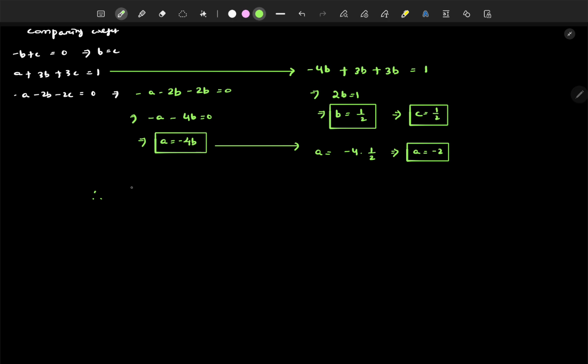So solving, we get A is equal to minus 2, and B and C both have equal values, that is 1/2.